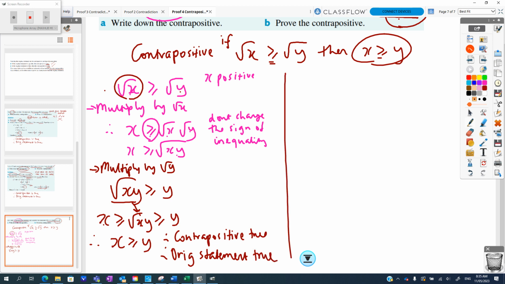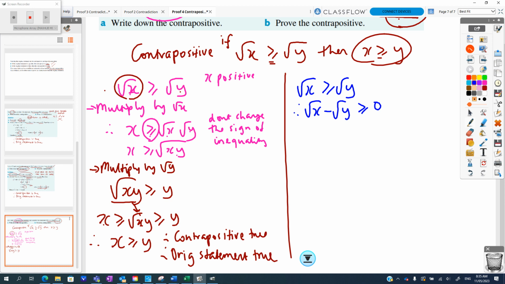So we've got root x is greater than or equal to root y, so therefore root x minus root y is greater than or equal to 0. Okay, that's just rearranging.